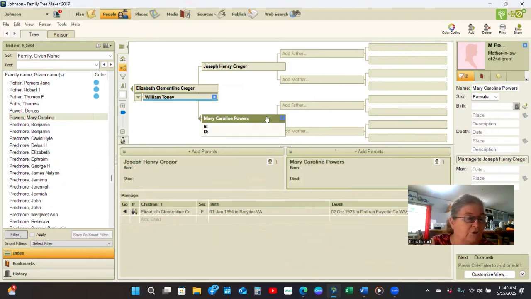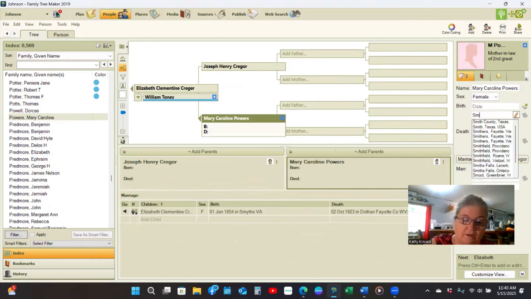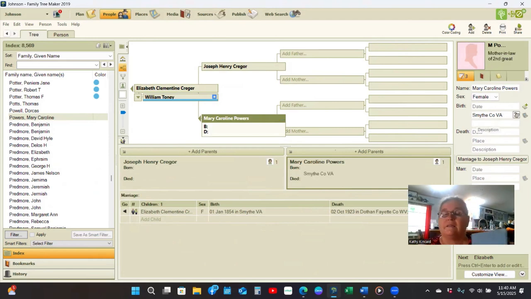And it doesn't say when she was born, but she lived in Smith County, Virginia. All right. So there we go. Now we're going to be looking for an Emily Williams.